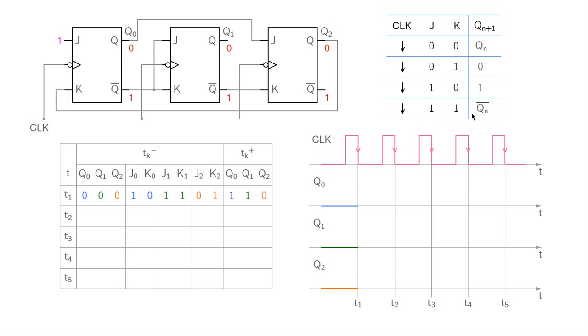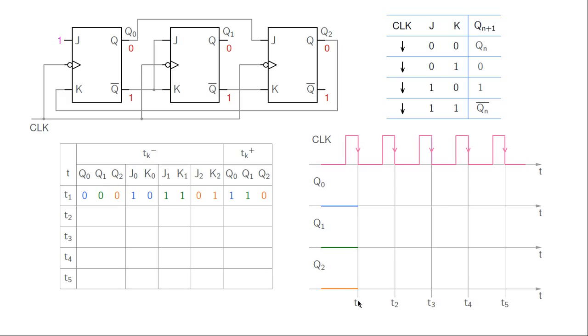That means Q is going to toggle. So Q1, which was 0 earlier, will now become 1. What about Q2? J2 is 0, K2 is 1. That brings us here. So the next Q2 is going to be 0. So what we have now is Q0, Q1 and Q2 at T1 plus. That means just after T1.